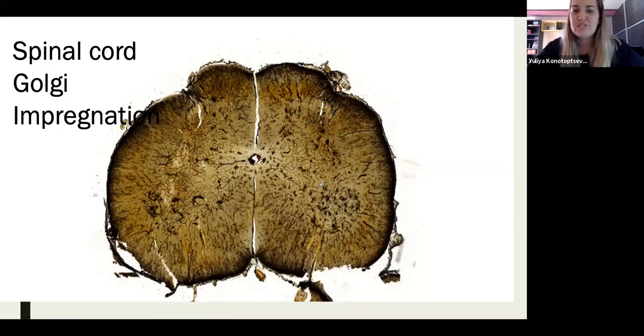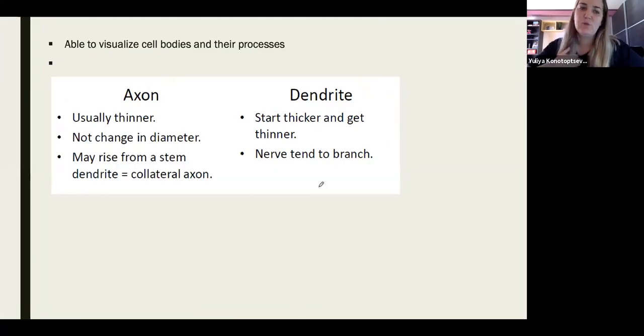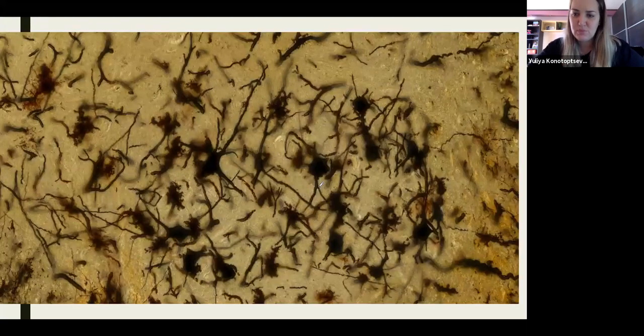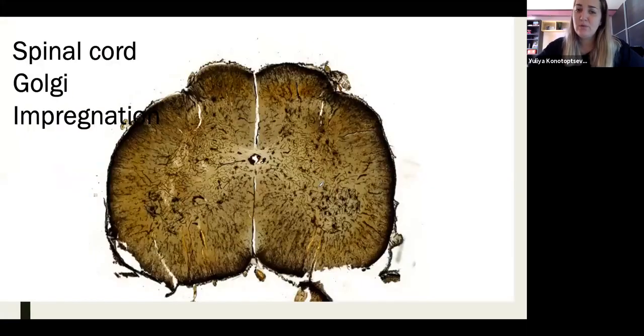The purpose of this slide is to differentiate between axons and dendrites. So if I can advise you, spend some time here and try to really see the difference between axons and dendrites, because whenever they want you to identify an axon or a dendrite in the exam, they will take the picture from this slide.